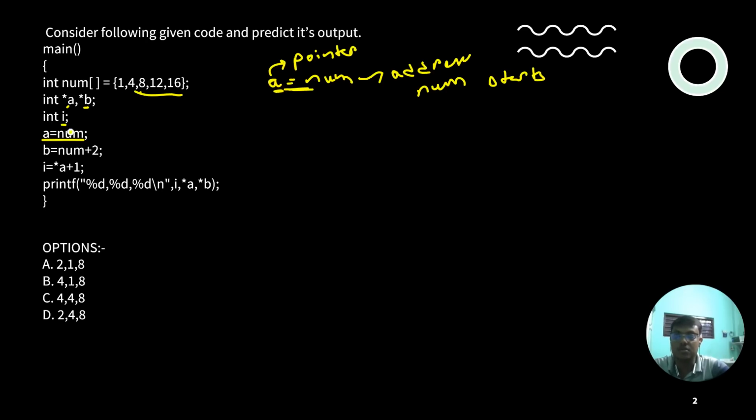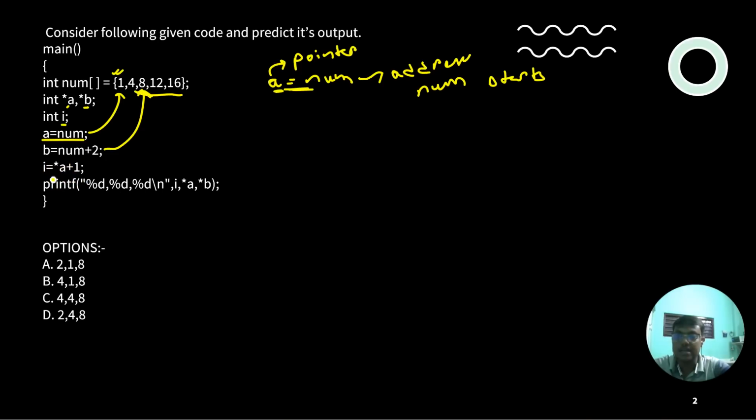So A would be pointing somewhere here, right? And B stores the second index from the starting of the num. So num starts from this first index and B stores the second index, that is B is pointing to this position. I hope you all understand up to this.